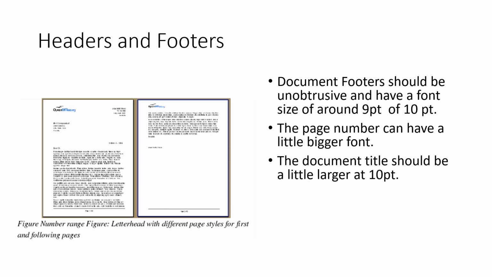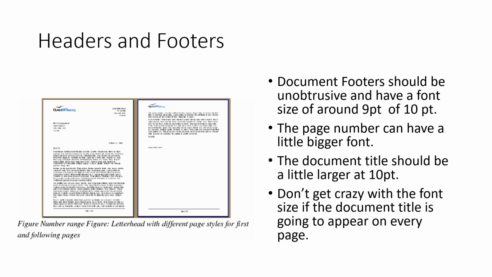A document title should only be a little larger than 10 points. You shouldn't get too crazy with that. And if you're going to put a header on the document, don't get crazy with the document title if it's going to appear on every page.